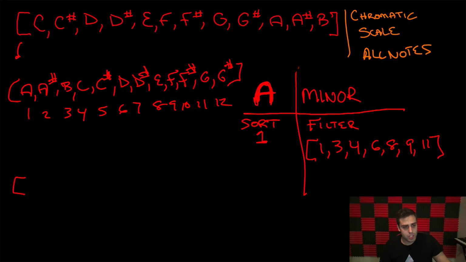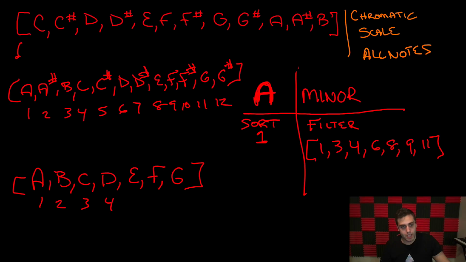And that's going to leave us with A, B, C, D, E, F, and G. And the A minor scale is really cool because there are no sharps, which means that it's all the white keys on a piano. So if you want to play a piano song in A minor, all you'd have to do is just use all the white keys and never touch any of the black keys.